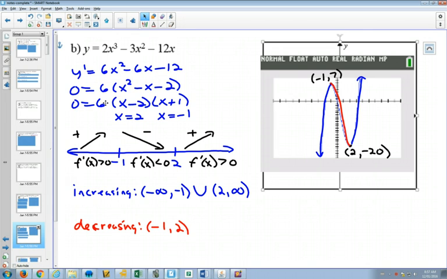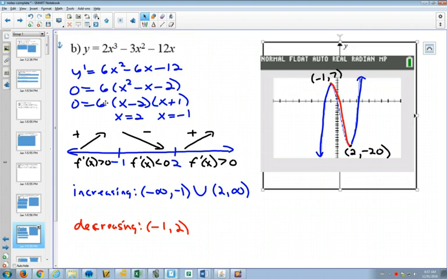So some things to remember. To find out where it's increasing and decreasing, you're plugging those values that you're checking, something less than -1, like -3, you're plugging that back into the derivative. Because where the derivative is positive or negative tells you where the function is increasing and decreasing.